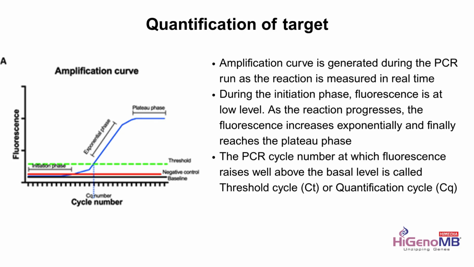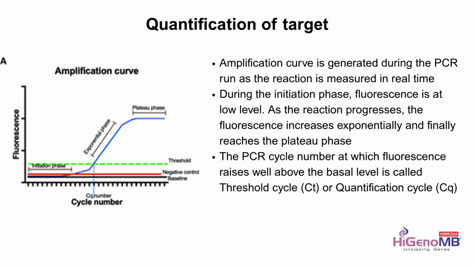of the cycle number. At some point of the PCR reaction, the raw material in the PCR reaction gets used up and hence no more PCR reaction happens and it reaches the plateau phase. So here you see a green color line, a dashed line, where the fluorescence is really well above the background.